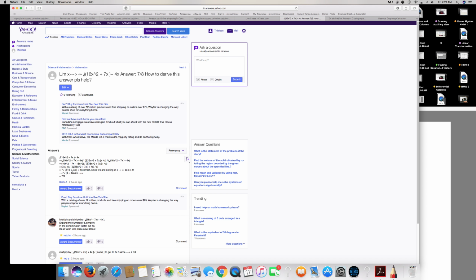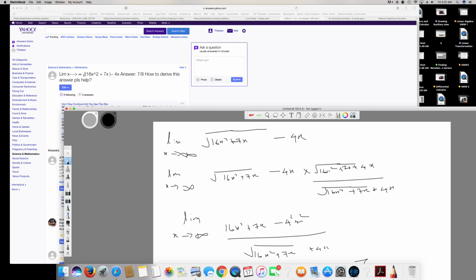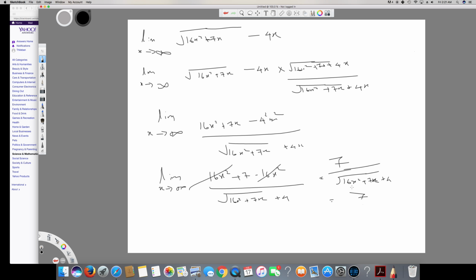Dividing, 16x square divided by x square plus 7x divided by x square, plus 4, and x square cancels, and 7x becomes 7 over x, and since this is approaching infinity, 7 over infinity is going to be 0. 16 comes out of the square root, it becomes 4, so 4 plus 4 is 8. So that's how they got 7 over 8 for this question.